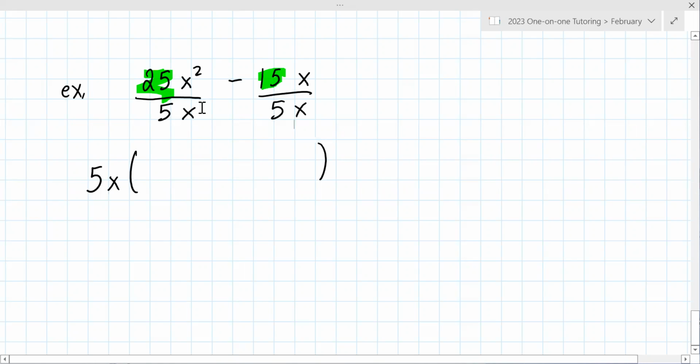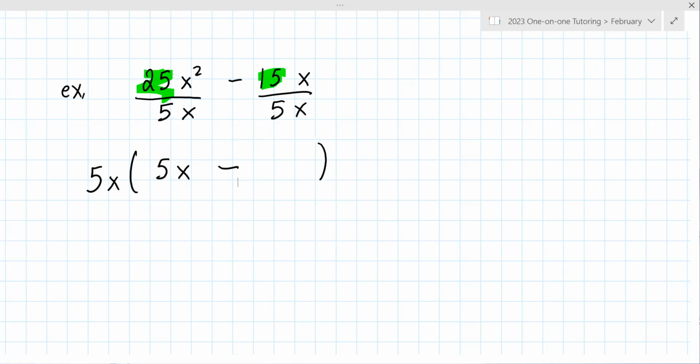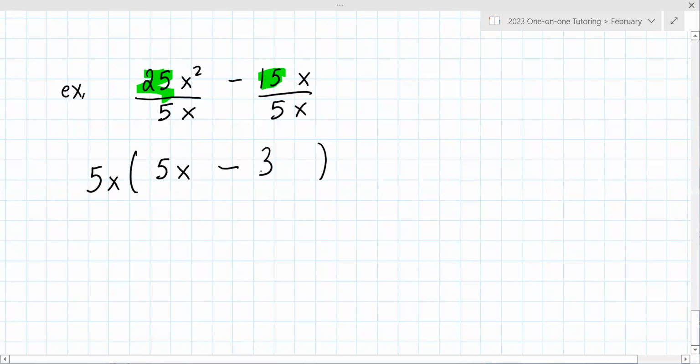Just X. Yes, 5x minus what's 15 divided by 5? 3. And then x divided by x? 1. Okay, so just 5x minus 3. So this right here is your final answer.